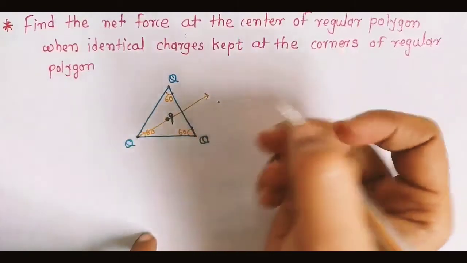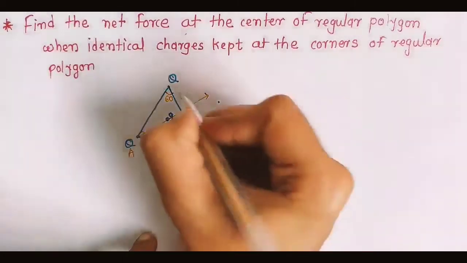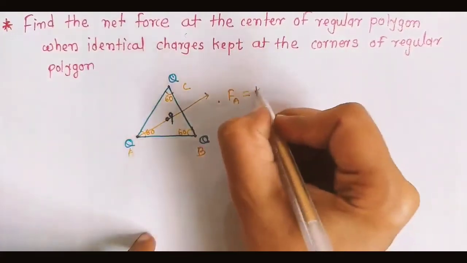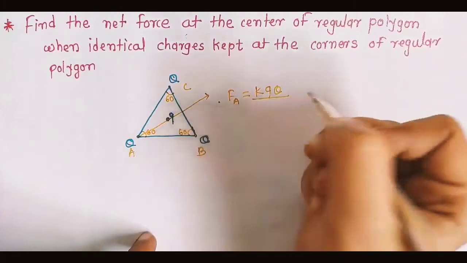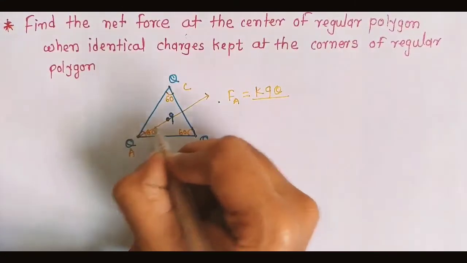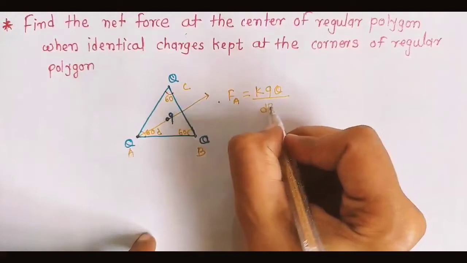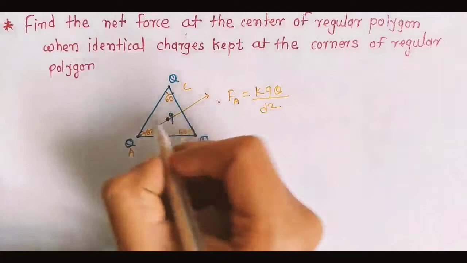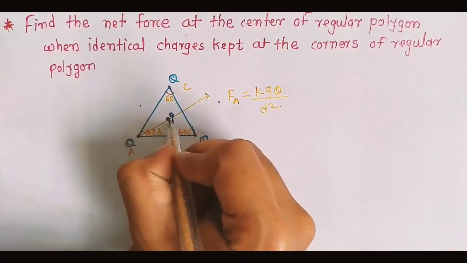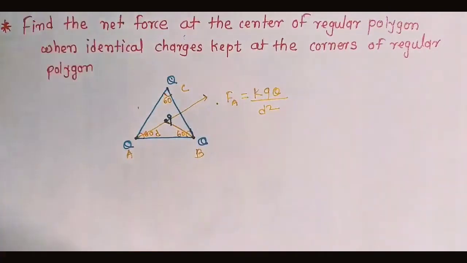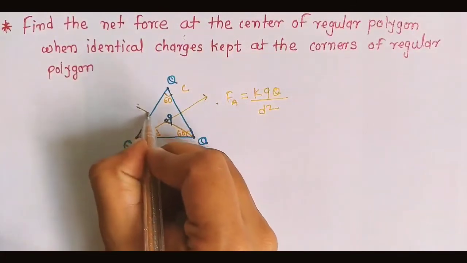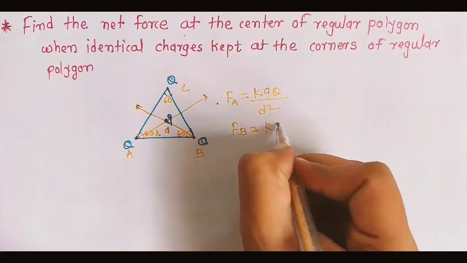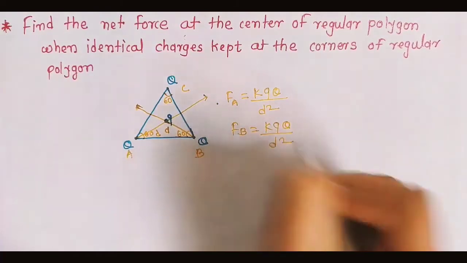Suppose we consider these as A, B, C. Due to A, Fa is equal to KQQ upon D square, suppose the distance between them is D. Similarly, the force on the charge Q due to this charge, the distance between them is D, so Fb is equal to KQQ upon D square.